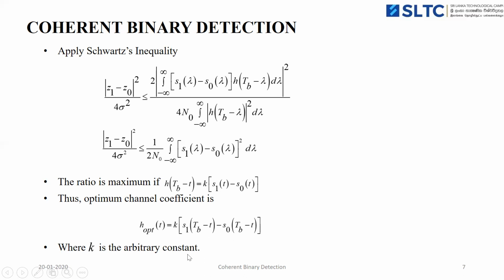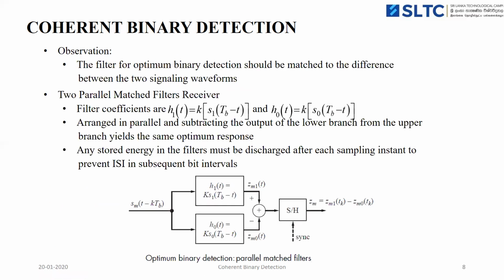This is the matched filter coefficient. It is designed by taking the difference between the two signaling waveforms to achieve the maximum ratio, where k is an arbitrary constant. So the observation is that the filter for optimum binary detection should be matched to the difference between the two signaling waveforms.